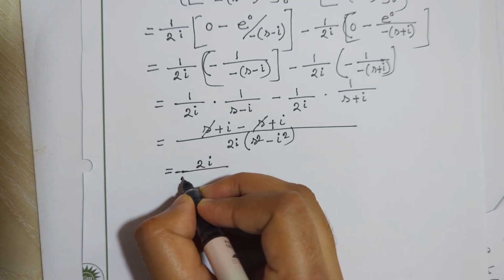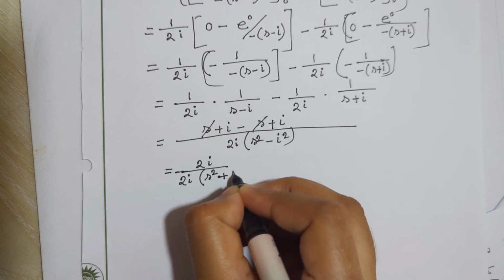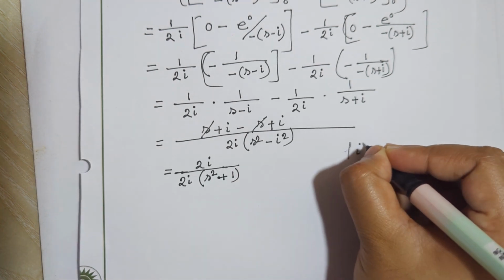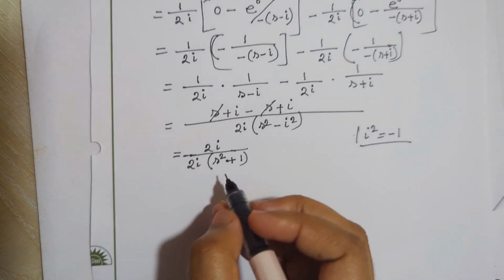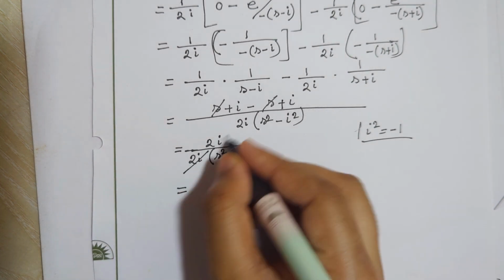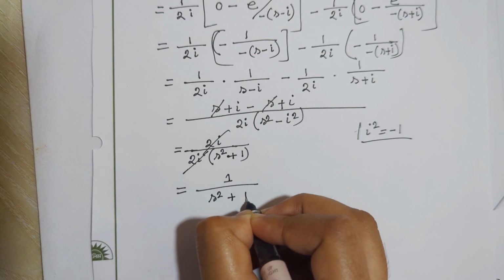In the denominator I will get 2i into s square plus 1, because we know that i square equals minus 1, and if we put this value we will get s square plus 1. So the 2i terms cancel out and we get our result as 1 over s square plus 1.